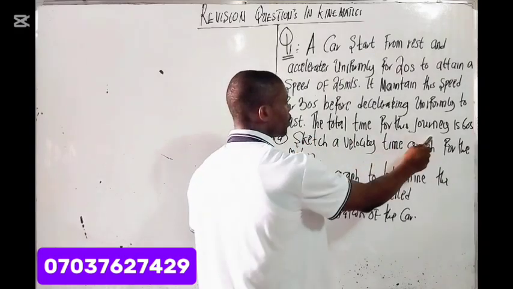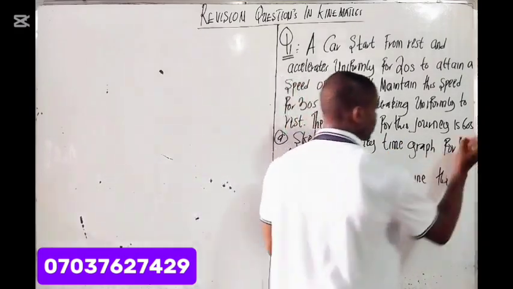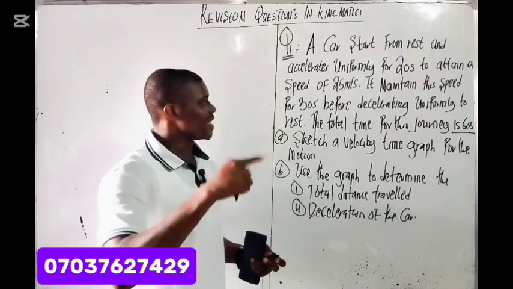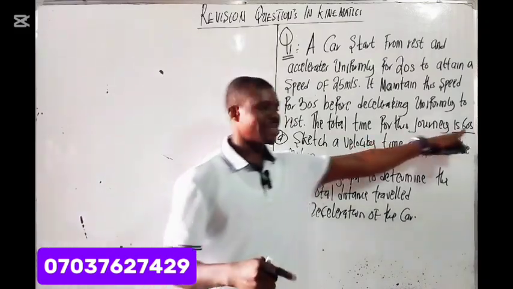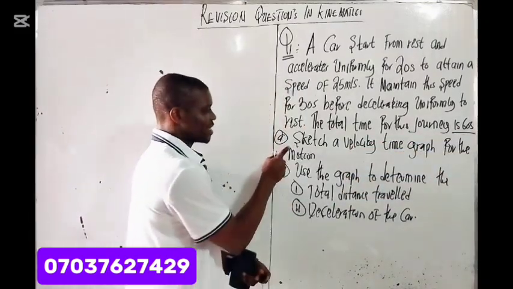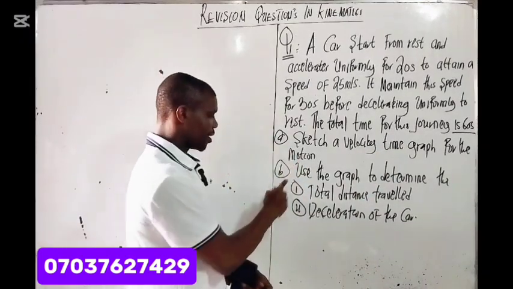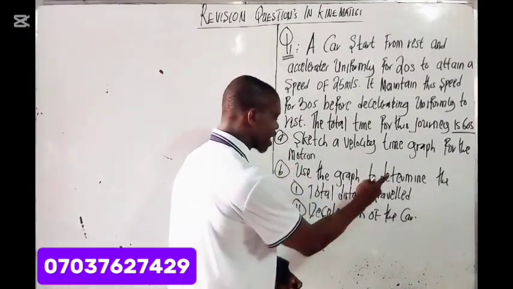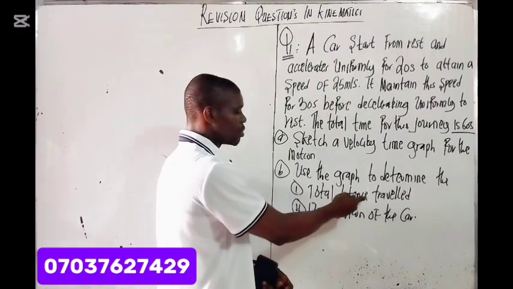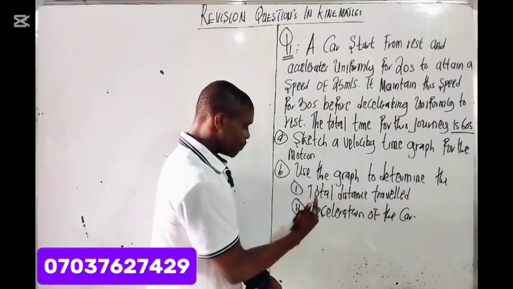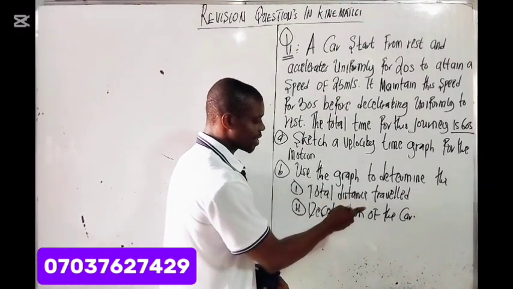The total time for this journey is 60 seconds. A, sketch a velocity time graph for the motion. B, use the graph to determine A, the total distance traveled, and B, the acceleration of the car.